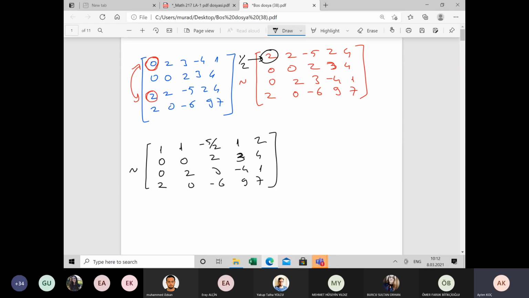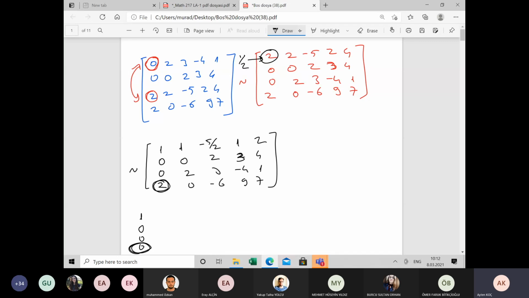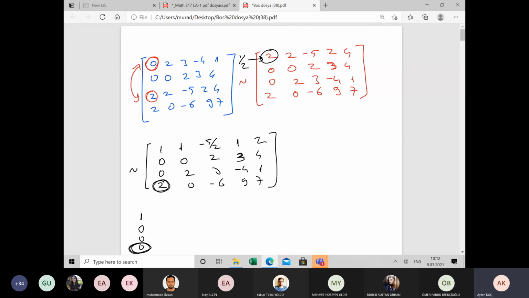And the next one, our aim is to get 1, 0, 0, 0. So our aim is to get 0 here. So look at this one. Our aim is to get 0 here. How to get it? Take the leading one, multiply by minus 2, add to the last row.